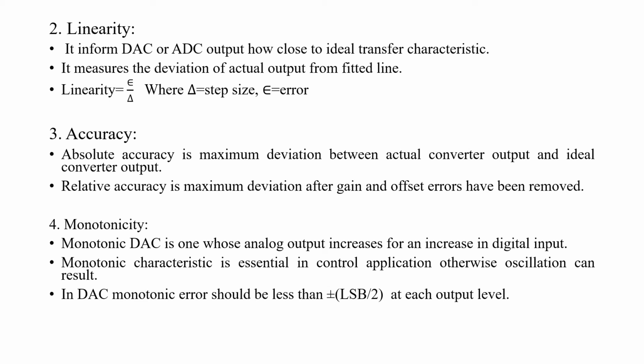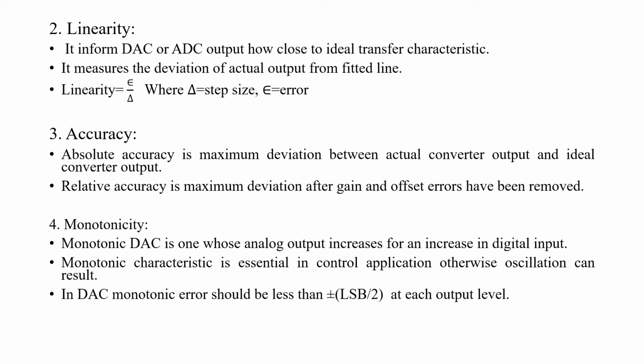For a digital to analog converter, if we change 1 bit on the input side, what is the change in the output side voltage? Both are the same concept, only the direction differs.